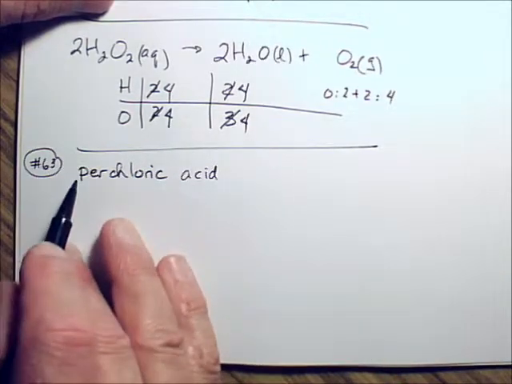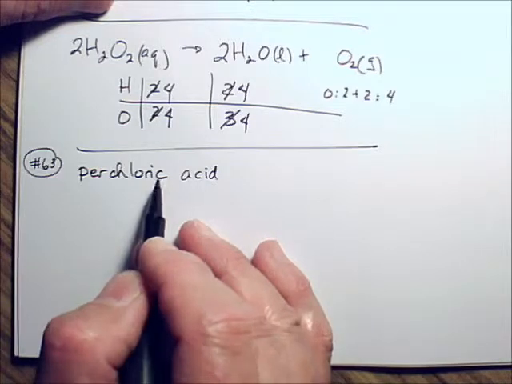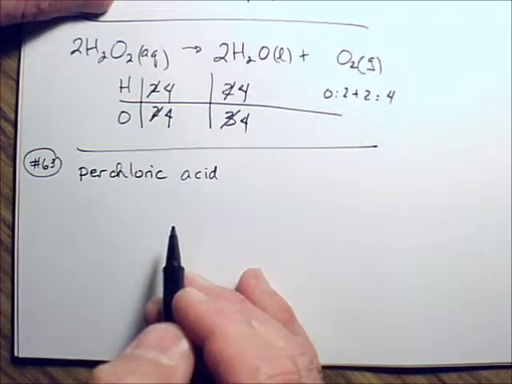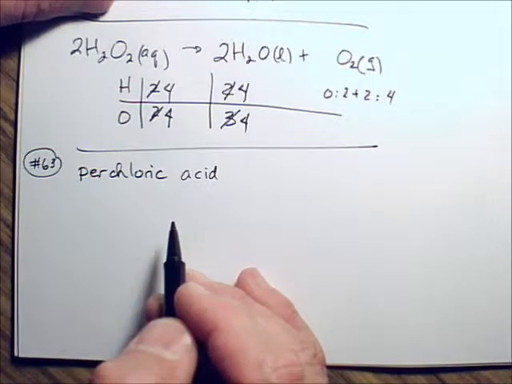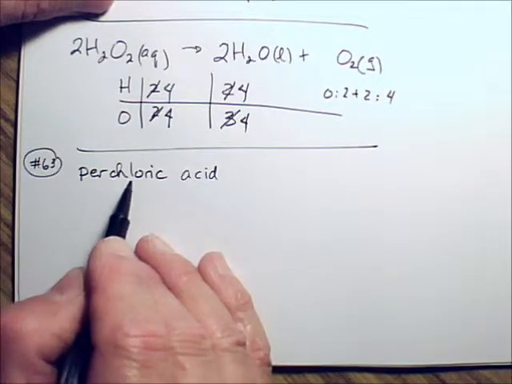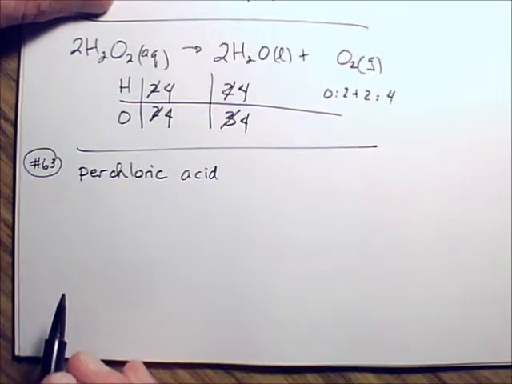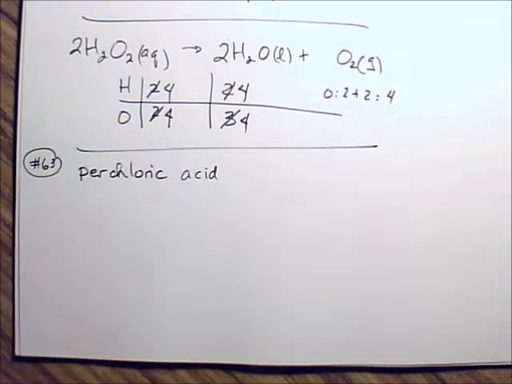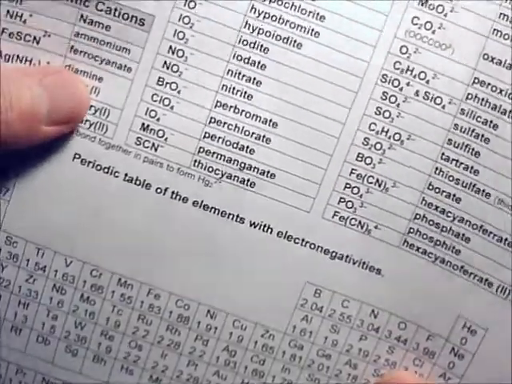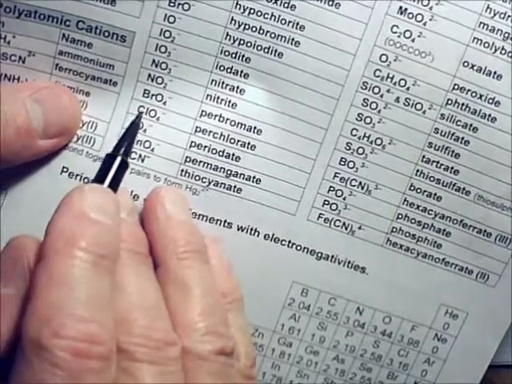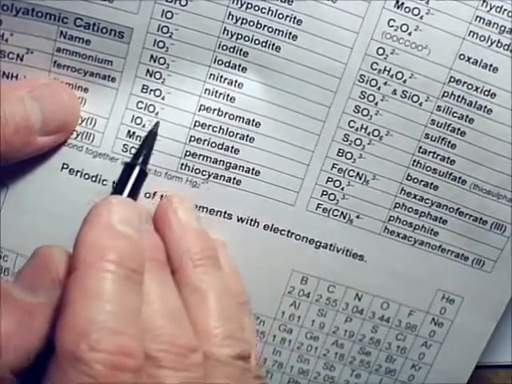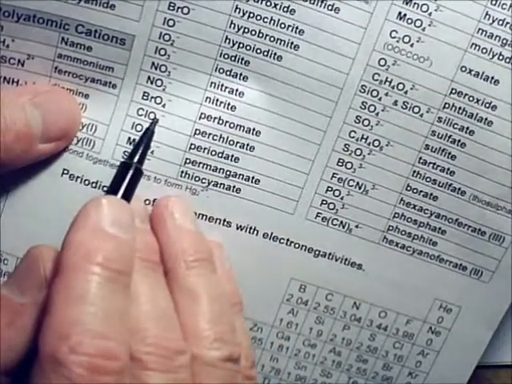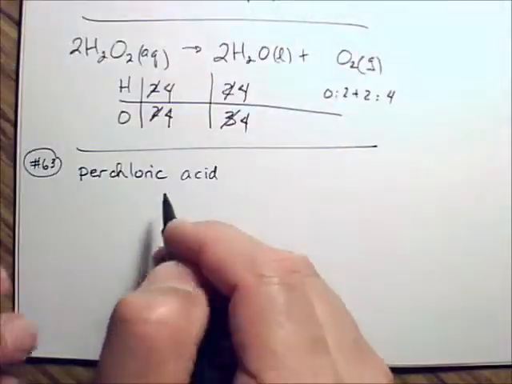Since this doesn't have hydro on the front, this ic must mean we have an ate ending on the polyatomic ion. So we look for a perchlorate ion on the common ions list, and right there it's ClO4 with a 1 negative charge.